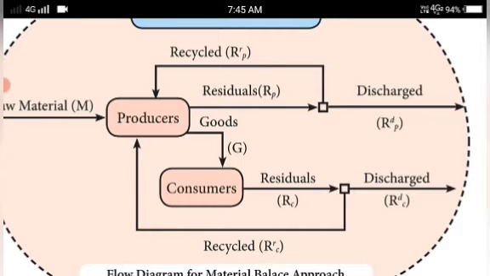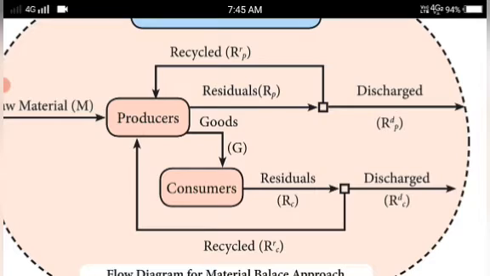That is known as the material balance approach or material balance principle. The material flow diagram implies that mass input must equal mass output for every process. Moreover, all resources extracted from the environment eventually become unwanted wastes and pollution.